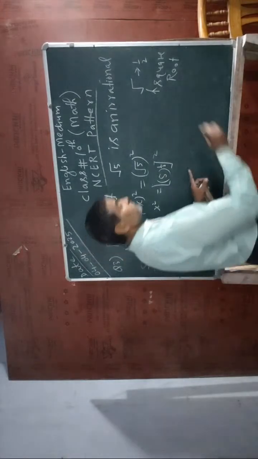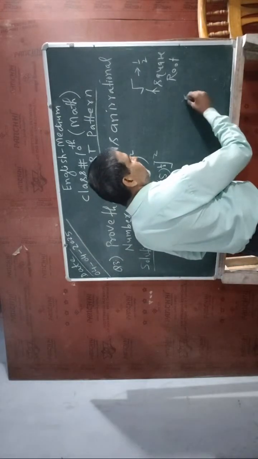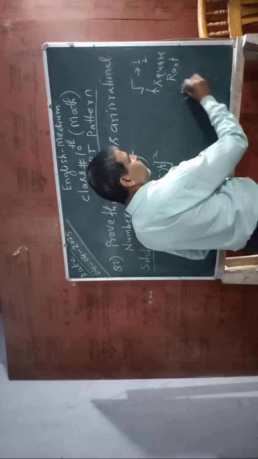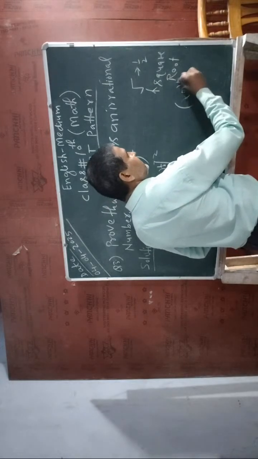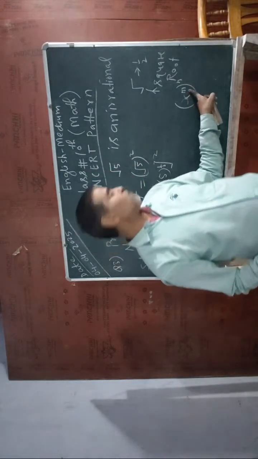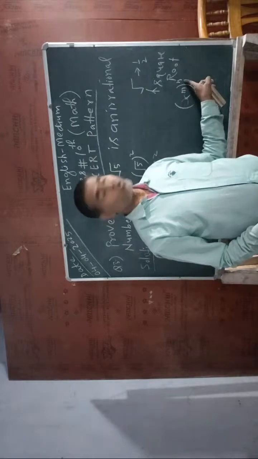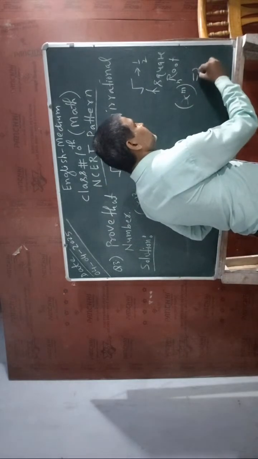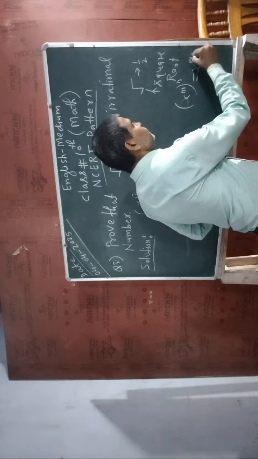Now in 9th class I have already read x to the power m to the power n. It means that x is known as base and m is known as power, and here n is also power. So after its simplification, it will be m into n.